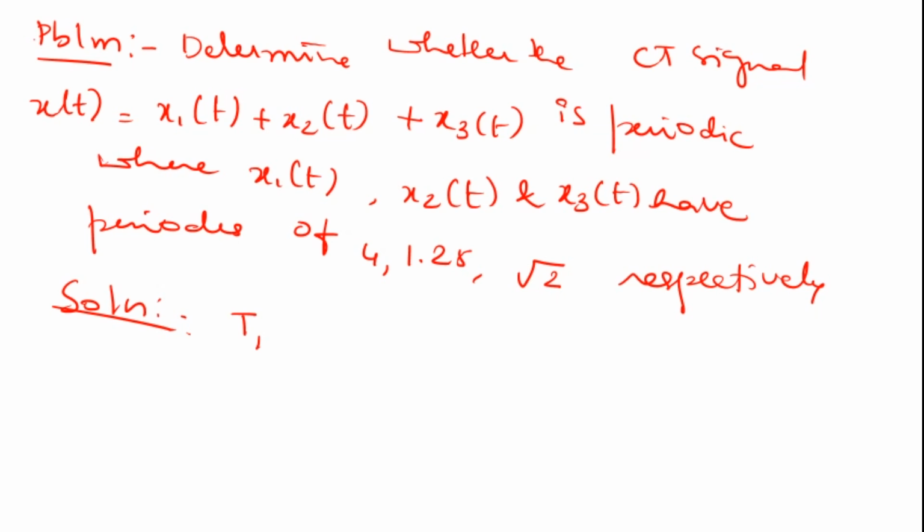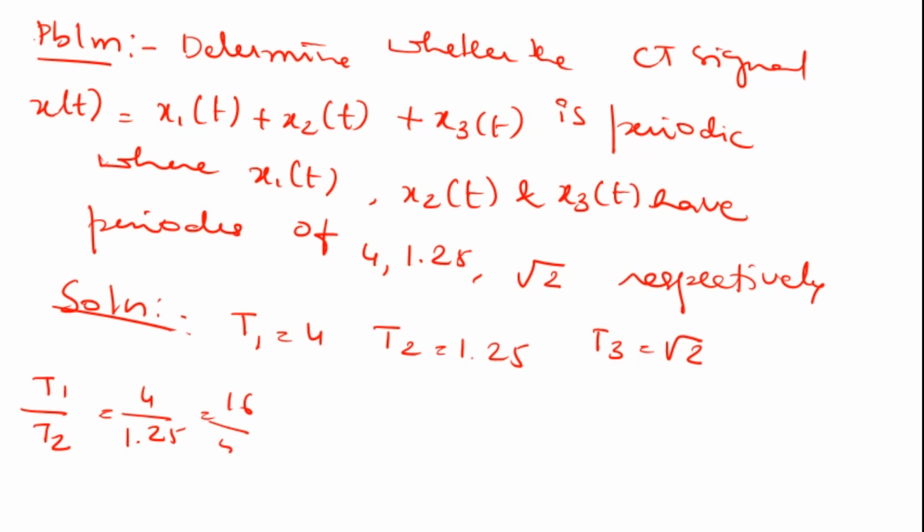Given T1 is equal to 4, T2 is equal to 1.25 and T3 is equal to root 2 seconds. Then T1 by T2 is equal to 4 by 1.25, which is equal to 16 by 5. This is a rational number.